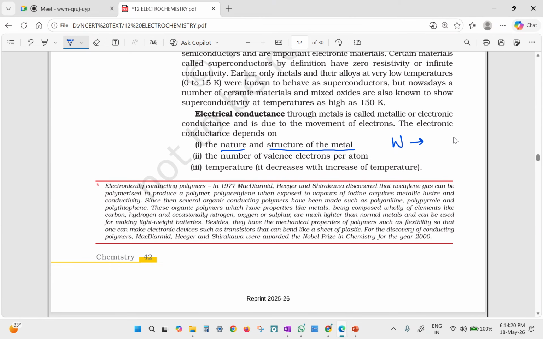So assume that tungsten offers a lot of resistance. That means the electrons are traveling from one point to the other and they face a lot of resistance. Overcoming the resistance means a lot of movement, a lot of friction. Temperature will soar up. As the temperature soars up, the filament glows. So some metals have a lot of resistance, some metals have very little resistance.